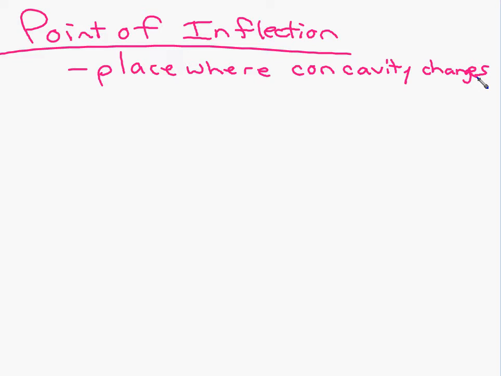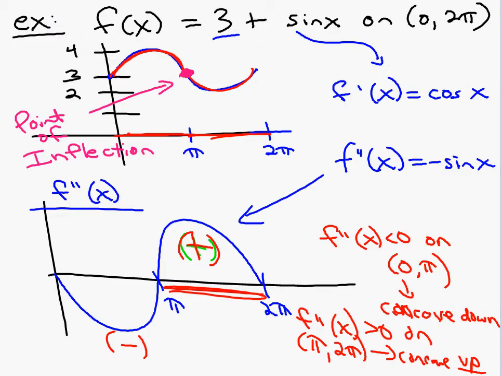So, how do we find a point of inflection? Well, let's come back for a second. Didn't we say that it's concave down when the second derivative is negative, and it's concave up when the second derivative is positive? So what we really need to know is the 0.